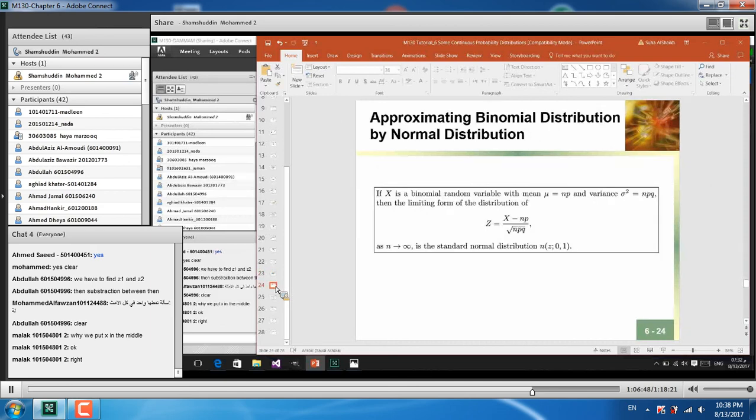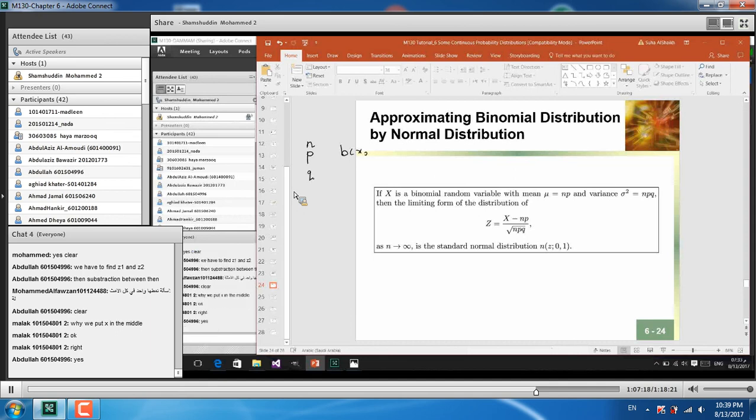Now the next idea is approximating the binomial distribution by the normal distribution. Do you remember last time we talked about the binomial distribution? The binomial distribution is whenever you are repeating an experiment for n time, okay? And you have a success with the probability P. You have a failure with the probability Q. Do you remember? From here we have the binomial of x, n, and p.